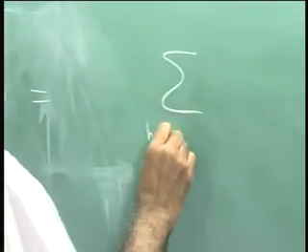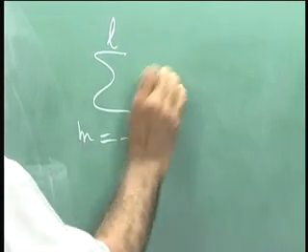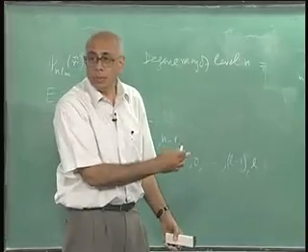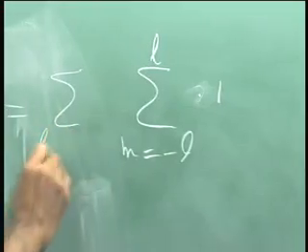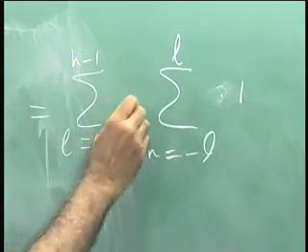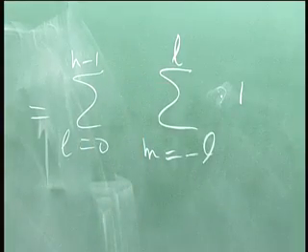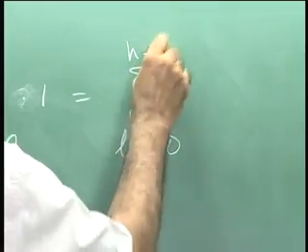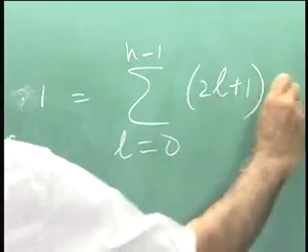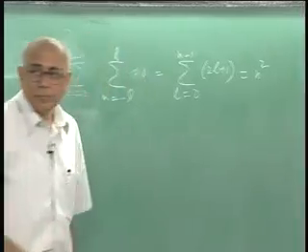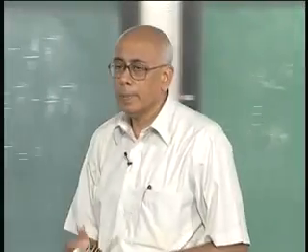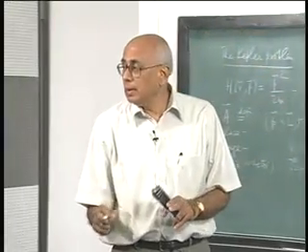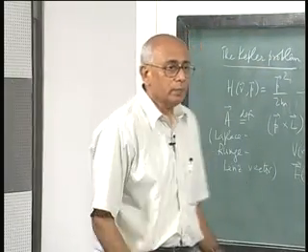Summation m equal to minus l to plus l times 1, that many states, that was 2l plus 1, but now you also have to sum from l equal to 0 to n minus 1 of 1. So this is equal to summation l equal to 0 to n minus 1 of 2l plus 1, that comes out to be n squared, and when you multiply that by 2 for the spin, then you get your 2n squared degeneracy.